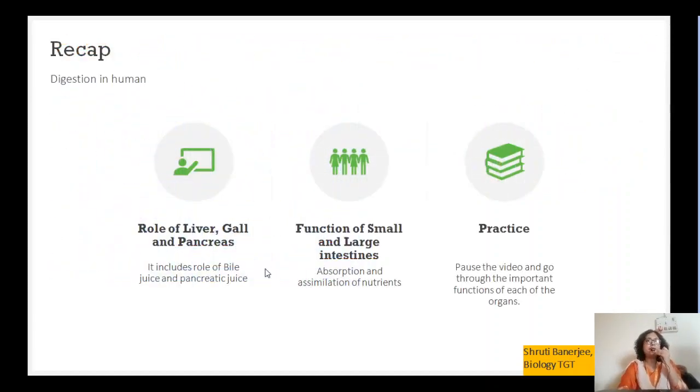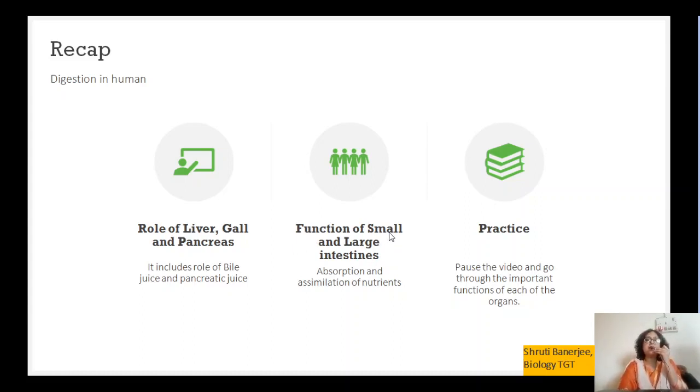In human digestion, we studied today the role of the liver, gallbladder and pancreas. Liver and gallbladder release concentrated bile juice, which makes the food alkaline in nature and helps in emulsification of fat. The pancreas releases pancreatic juice, which again helps in breaking down proteins and fats, right? We studied the function of the small and large intestine.